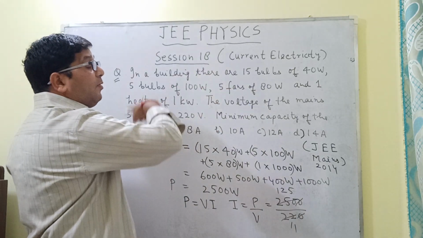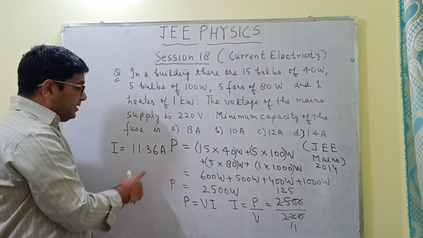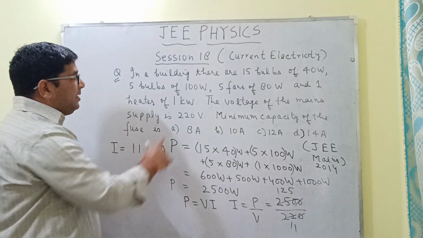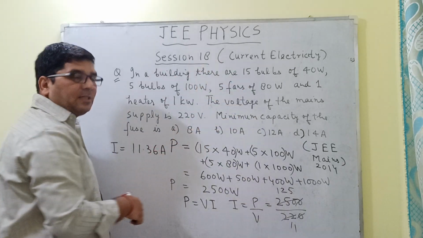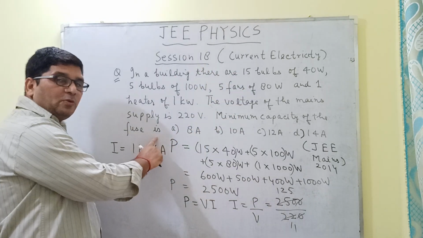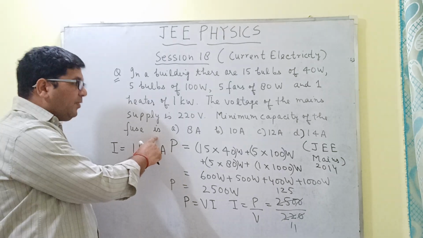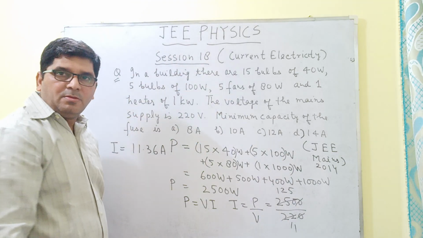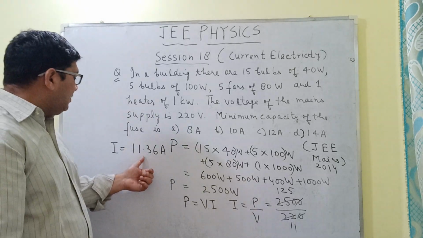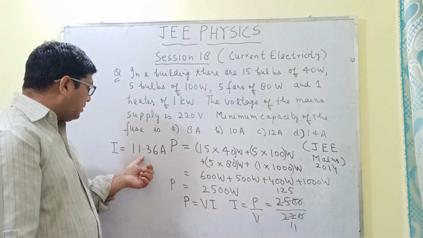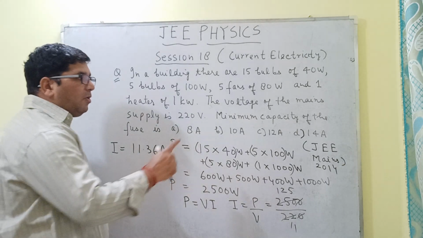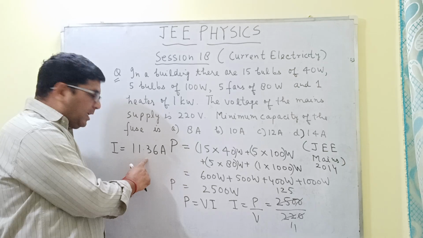In case all the appliances are running together, for example, if you have installed a fuse of, let's say, 11 ampere, then the fuse will blow off, and there will be no power supply. So if the maximum current requirement is 11.36 ampere, we will install a fuse which is slightly more than this value.